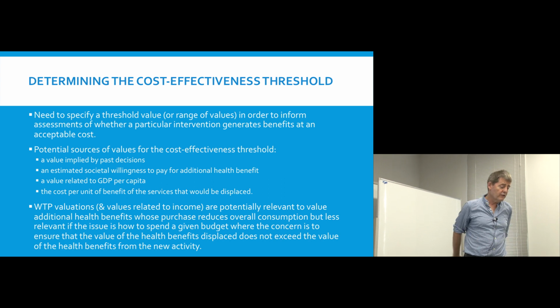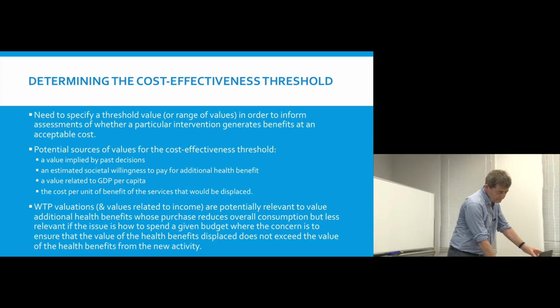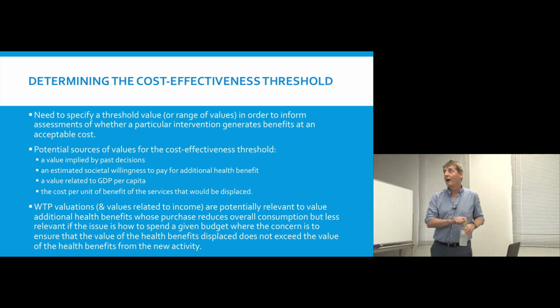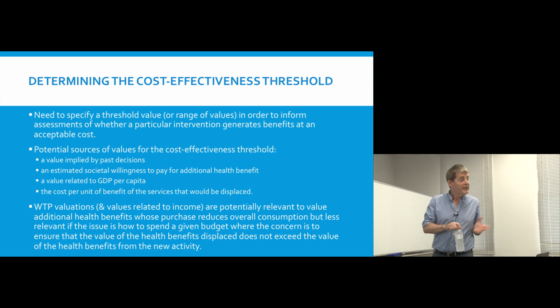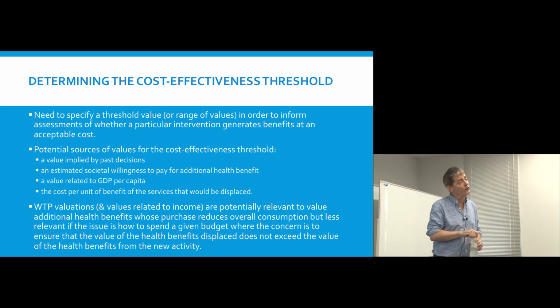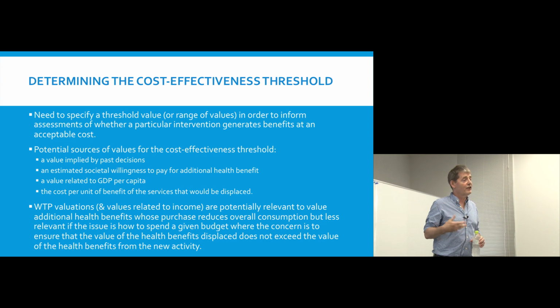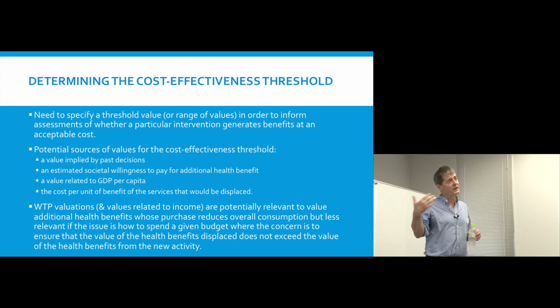Okay, determining the cost effectiveness threshold. As I say, we need to be able to specify a threshold, because if we're measuring cost effectiveness as cost per QALY gained, by itself, that number doesn't really tell us anything. That number can only tell us something when we put it in the context of a cost effectiveness threshold.